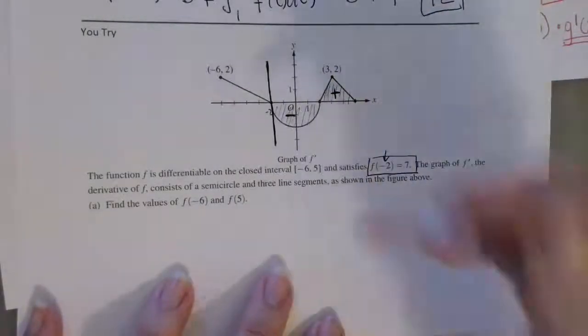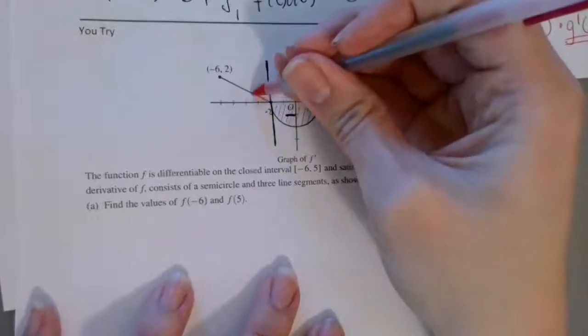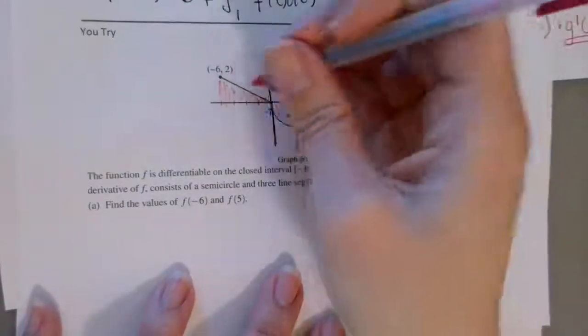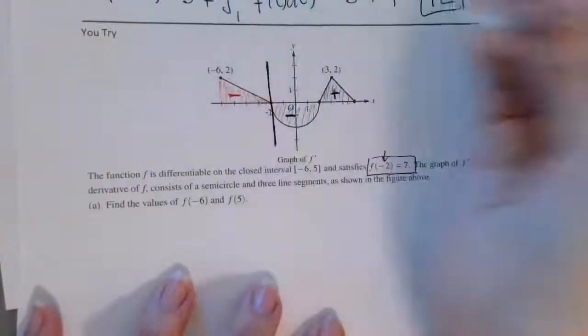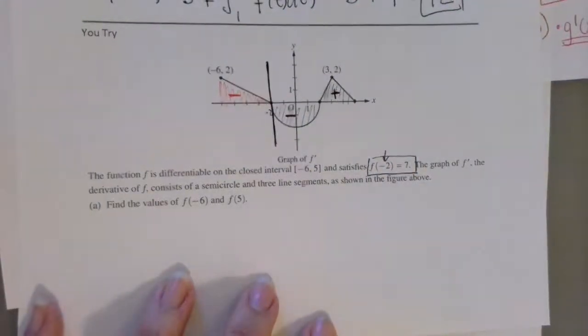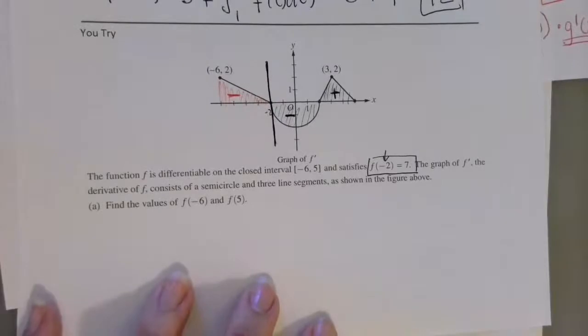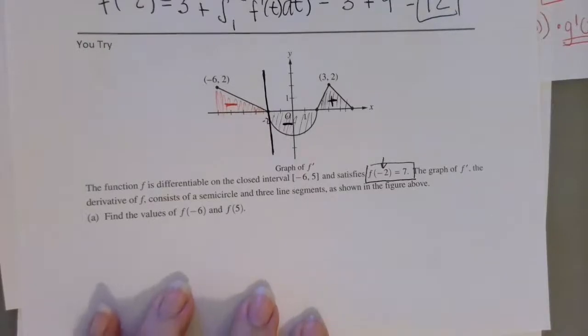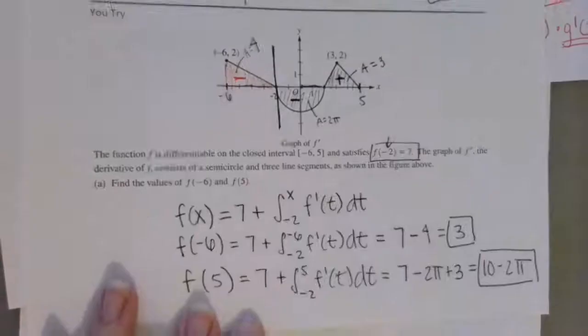If I'm going backwards, we're at opposites. So this area backwards above the x-axis is actually going to be negative. So you should continue working out the problem. Make sure you write an expression for f of x. I'm going to reveal the answers after this pause.